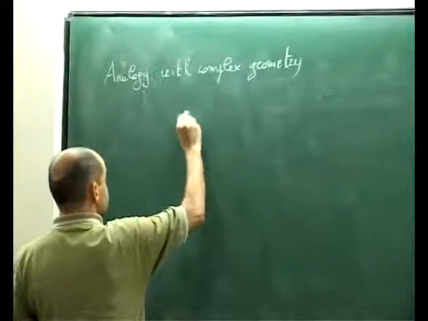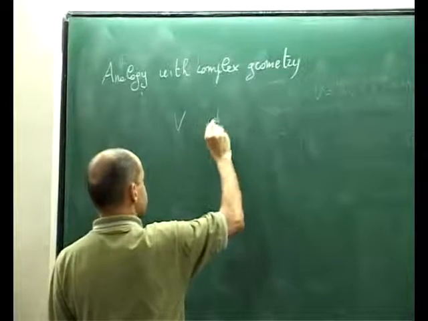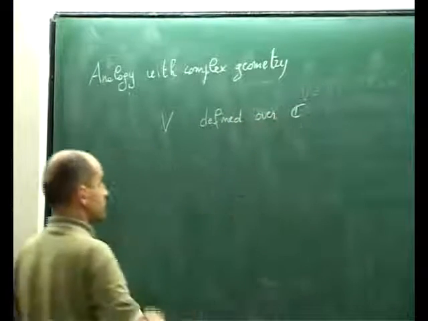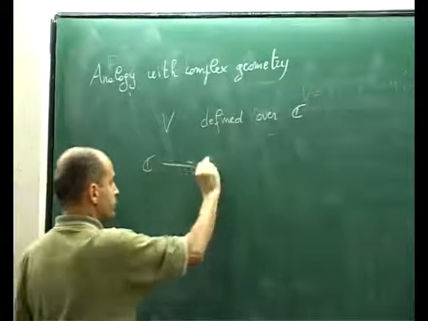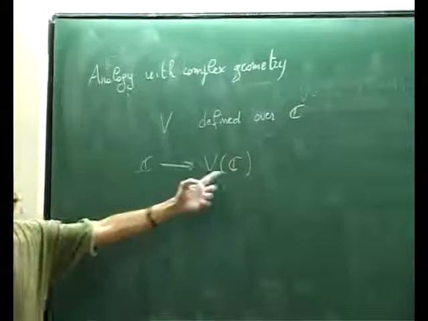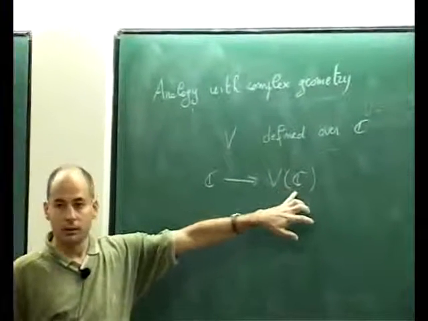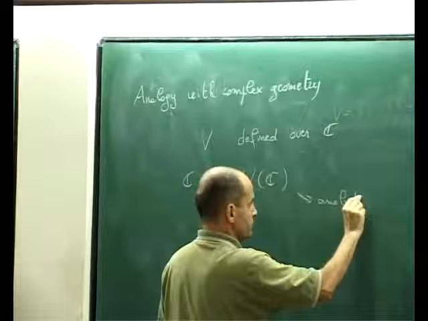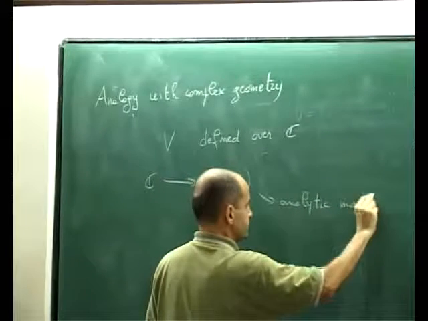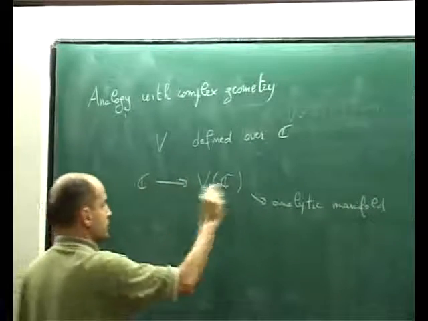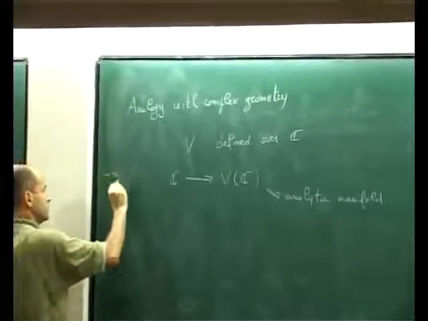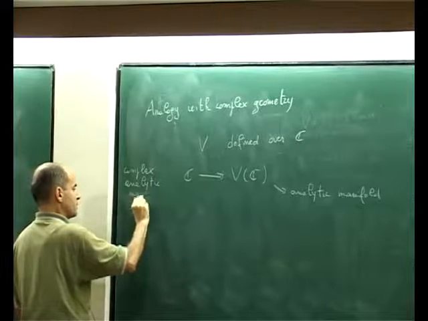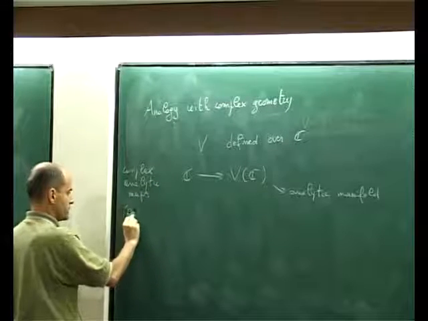So now the variety is defined over C. You can consider holomorphic maps from C to the set of complex points, which is an analytic variety, an analytic manifold, and these are complex analytic maps, which are also called entire.